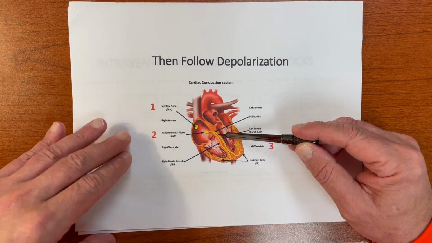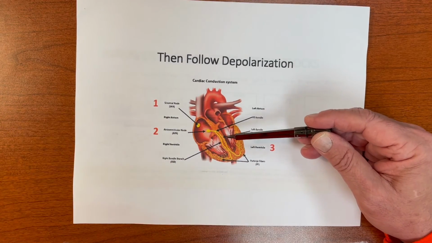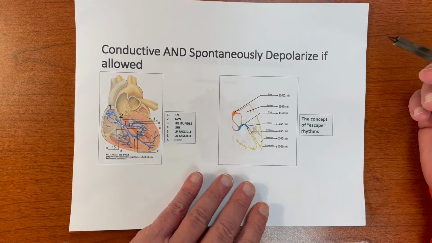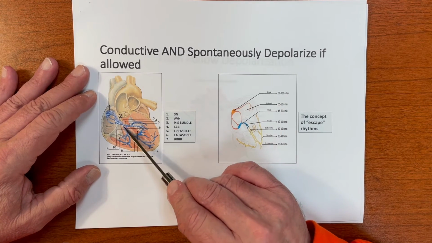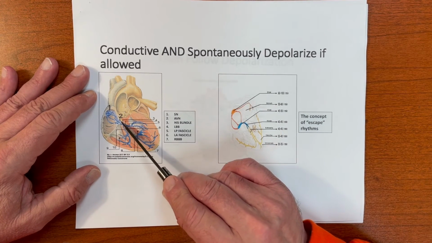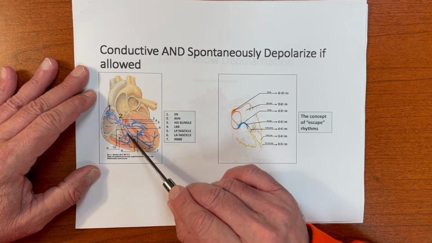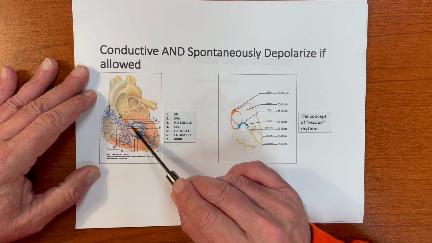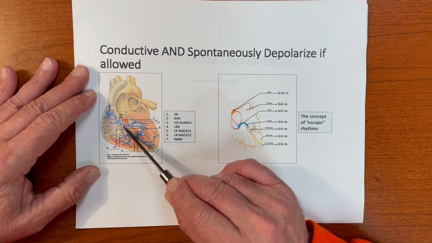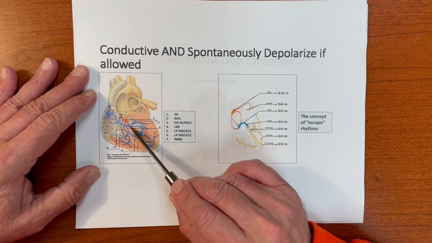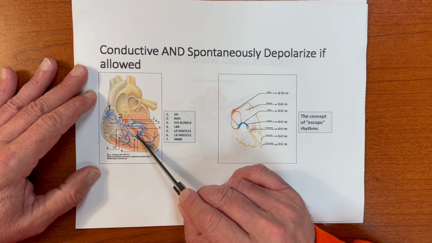So this is the conduction system, and we remember that it comes through the AV node and splits into a right bundle here, a left bundle that goes into an anterior and then a posterior fascicle. Notice this is fairly superficial, and this is a deeper conduction system.